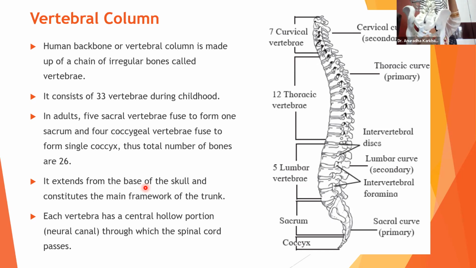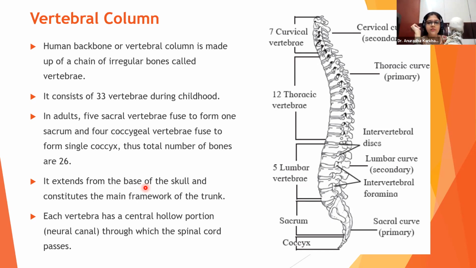Okay, this is the vertebral column entirely. Right? So how is it? See, it consists of 33 vertebrae during childhood. During childhood, this is the most important part of the story.